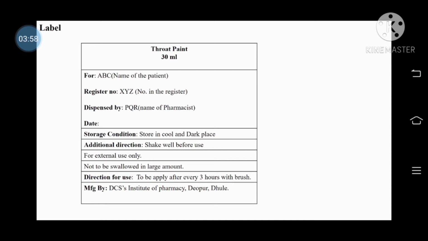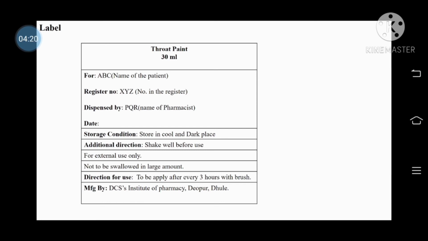Additional direction: shake well before use. Special direction: for external use only and not to be swallowed in a large amount. Direction for use: to be applied every 3 hours with a brush. Manufactured by DCS Institute of Pharmacy, Devpur, Dhule.